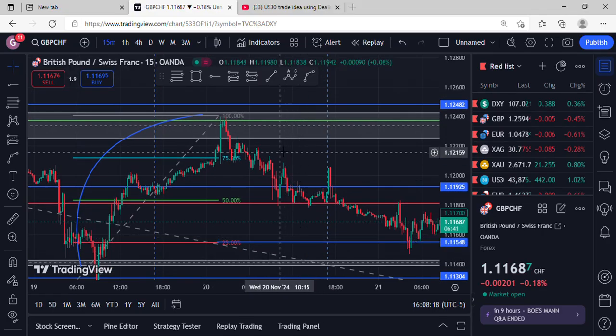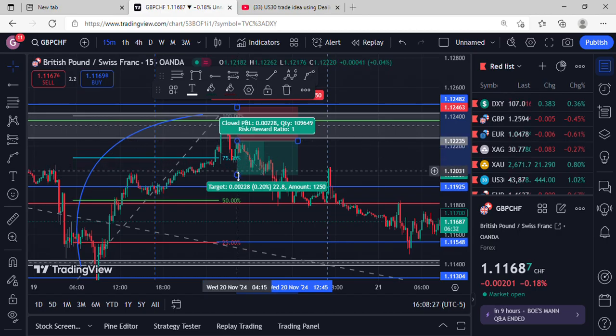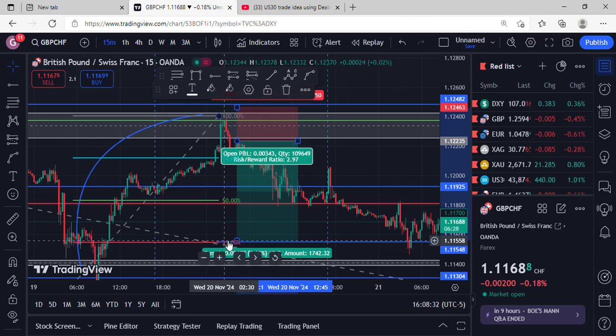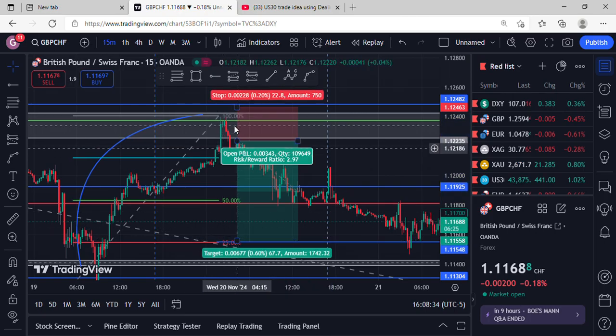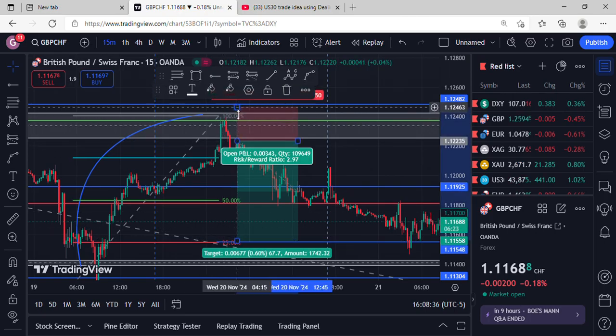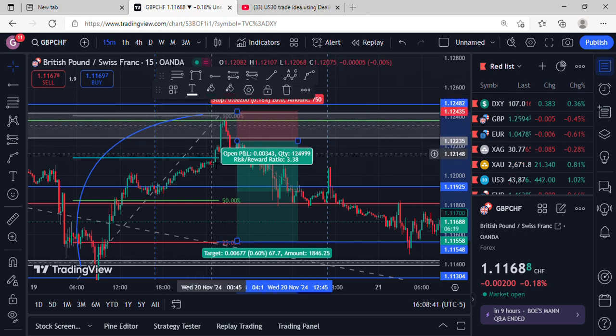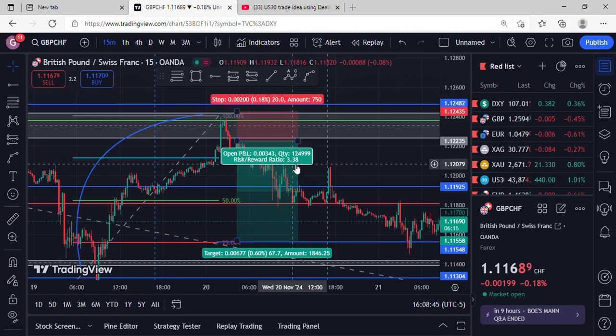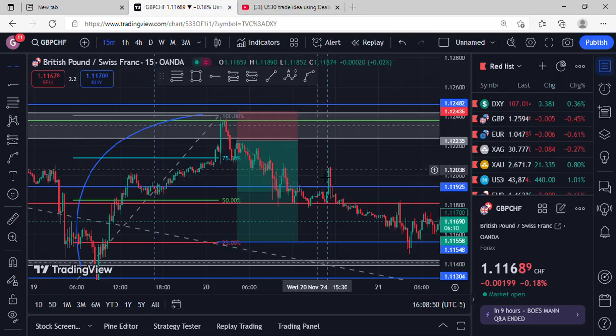And then, assuming we took it from here, this would have been the trade. If you adjust our stop a bit, this would have been it, and that would have been a 1:3.38 R, right?